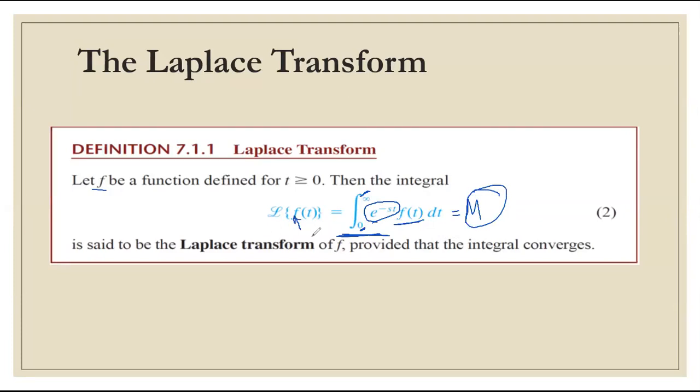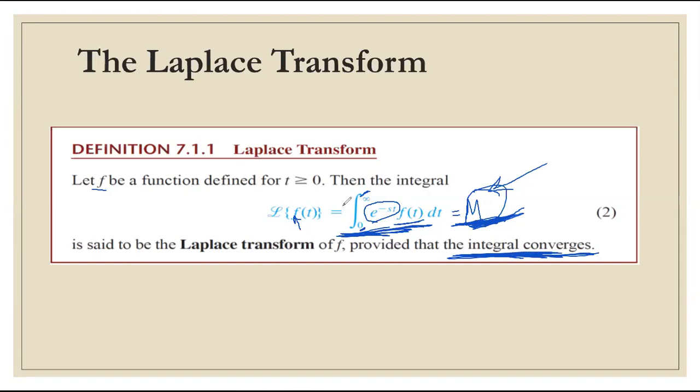I will repeat, after evaluating this integral, if you get a specific finite number, you will say that this integral is finite, or this integral converges, and at that time this answer is the Laplace transform of this function. But if this answer isn't finite and your integral doesn't converge, then no Laplace transform for the function f.